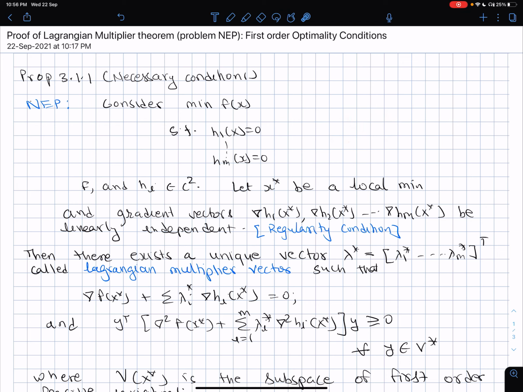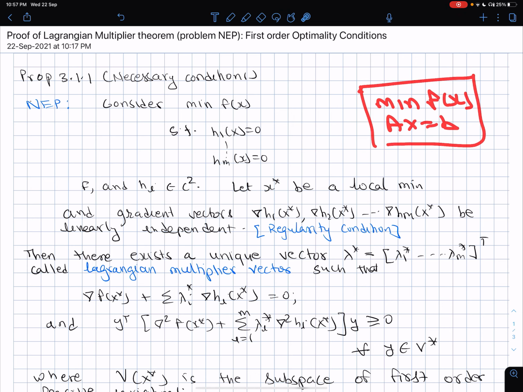Of course, that is a quadratic constraint, but still, or e to the power x1 minus e to the power x2 plus x3 cube to be equal to 0. It could be any. These are examples of non-linear equality constraints.